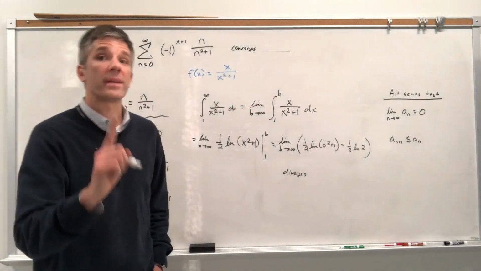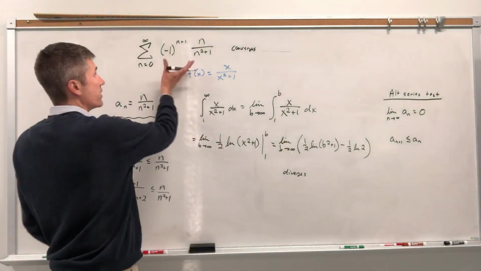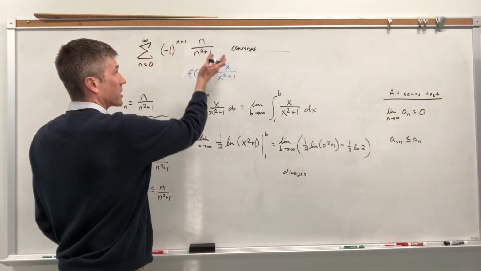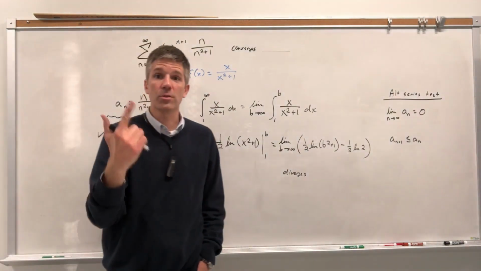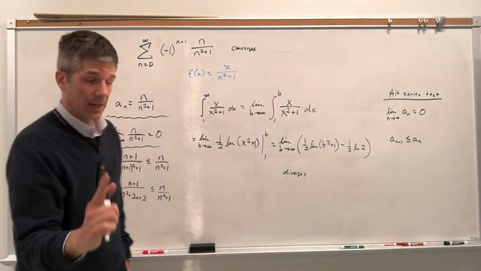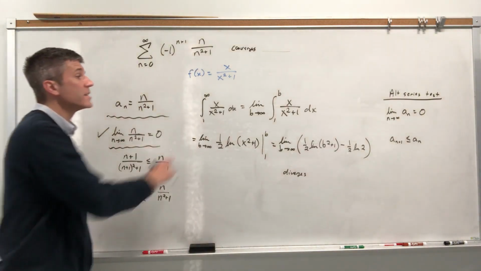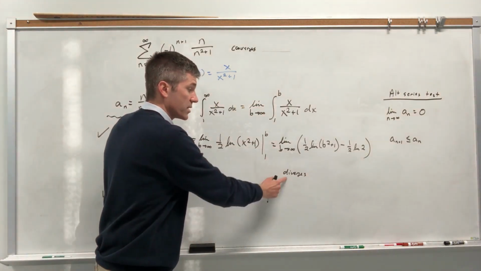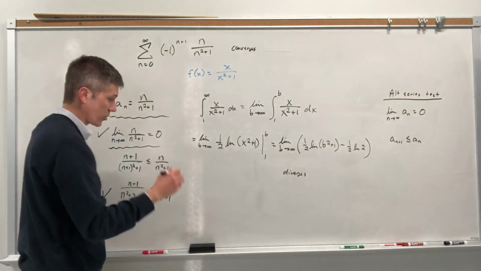Okay, let's not lose track of the big idea. I want to know if this converges or diverges. I know it converges. I don't know if it's absolute or conditional unless I have done the alternating series test and then some other test, which in this case diverged, which means this. You don't have to write this down.